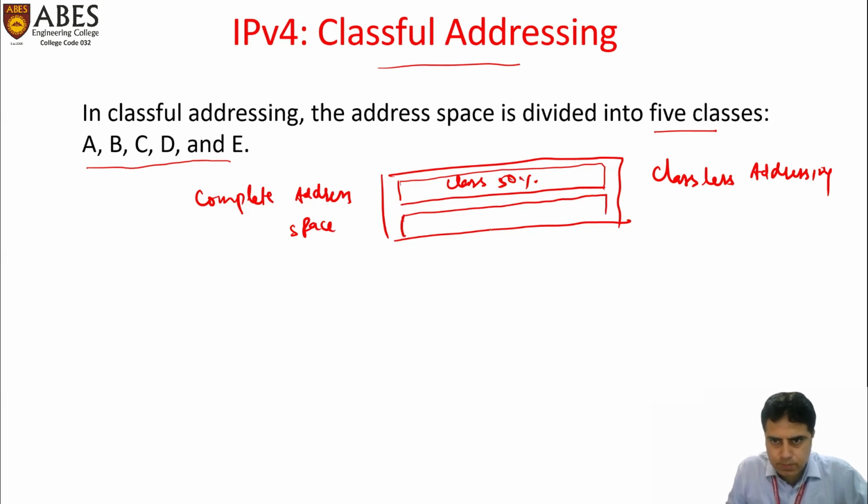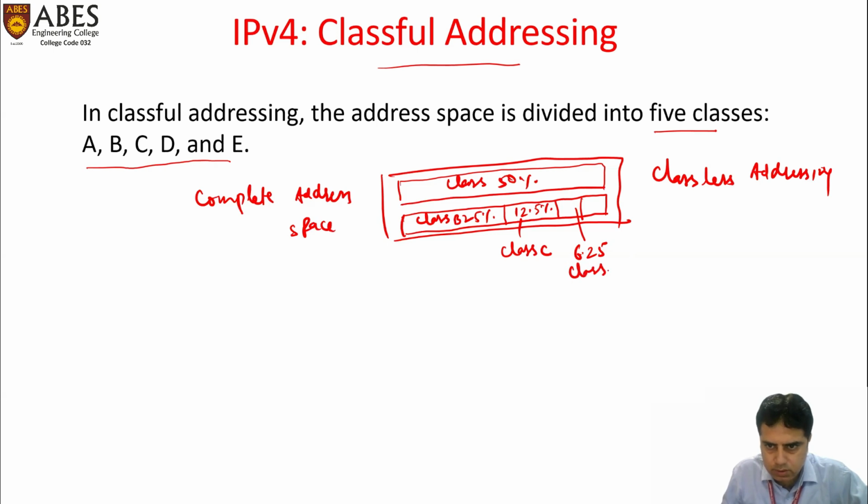Next, class B will use 25% of the whole address space. This 12.5% is used for class C, and the remaining 6.25% is used for class D, and 6.25% is used by class E.